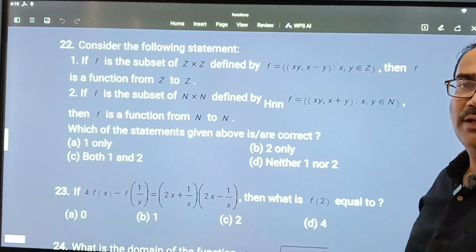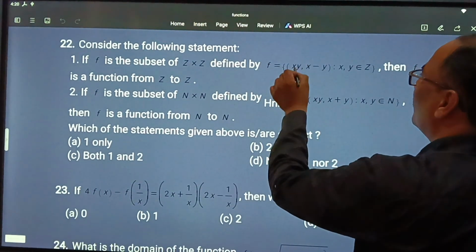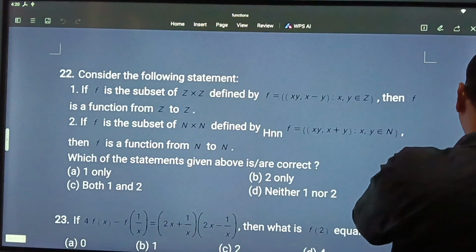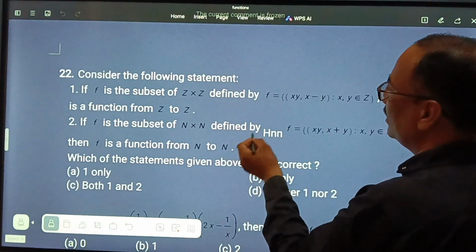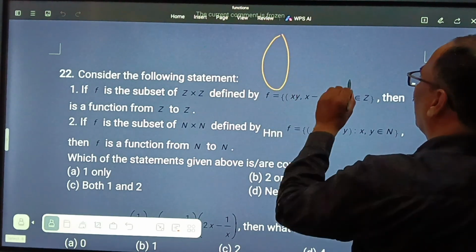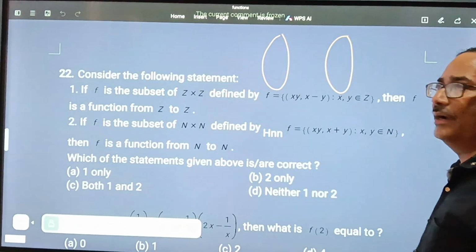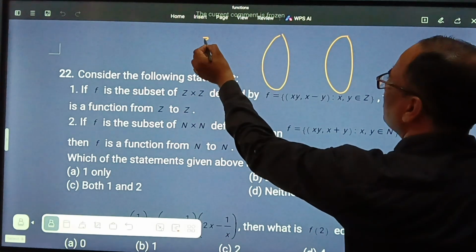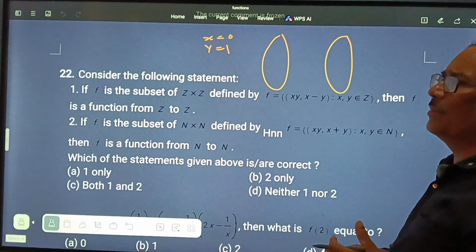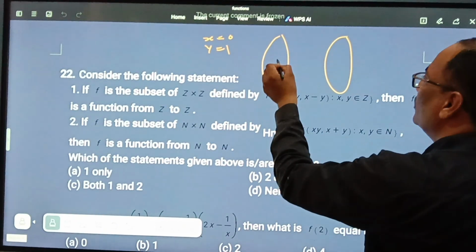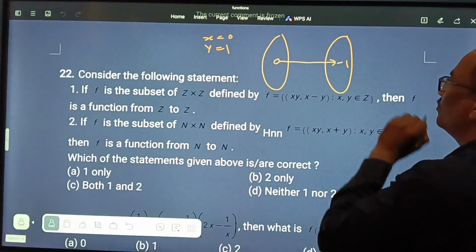Z is the set of integers. So the first function is here. When we take F as Z cross Z, if we take a value, x equal to 0 and y equal to 1, then the product of x and y is what? 0, and the image of this number is what? 0 minus 1, that is minus 1.